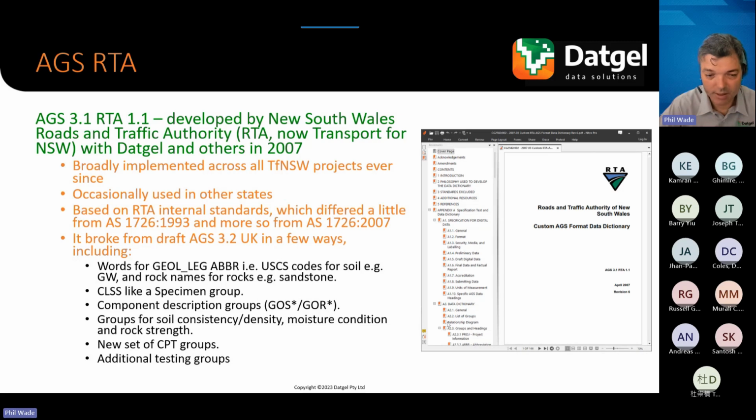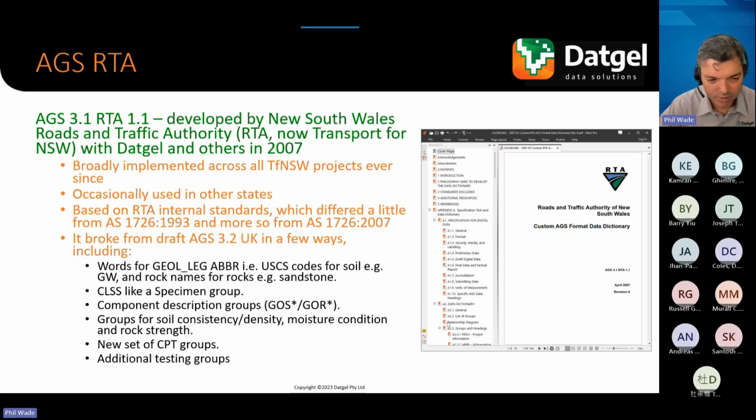And this is based on the unreleased AGS 3.2. That's what I was asked to use as a basis by the UK committee. And then I varied it to support some things that they needed.